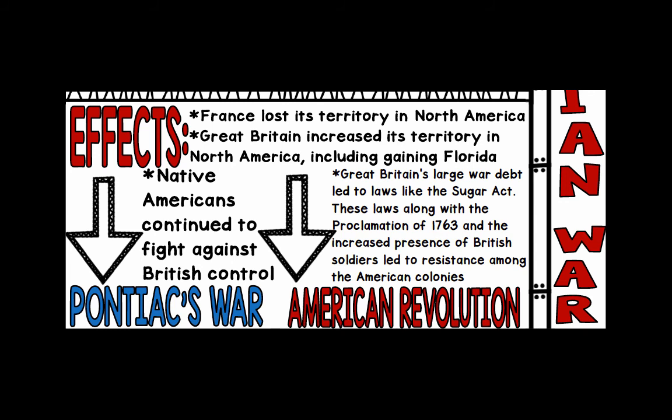So they come up with a bunch of different acts, things to tax, and a bunch of different ways of gaining money for the government, and the people who are living there don't feel like that's acceptable, and they don't feel that it's really their problem to try and find that money. So it causes a lot of tension between the colonists and the government back in Great Britain, and that's one of the main reasons as to why we end up with the American Revolution.